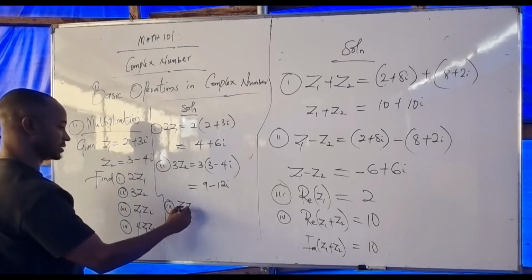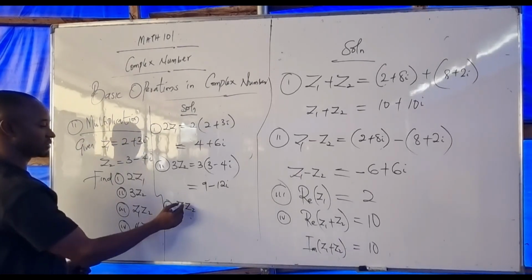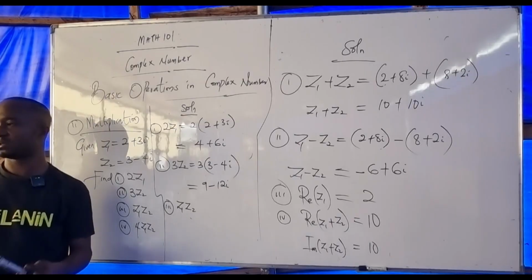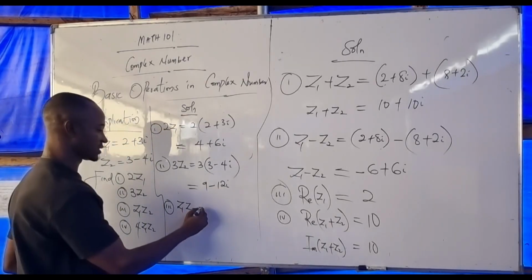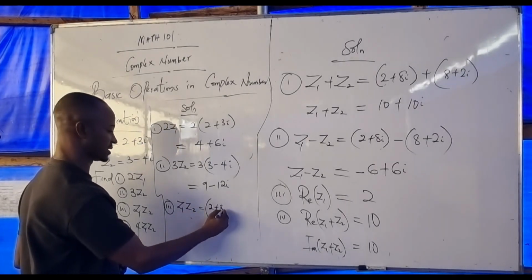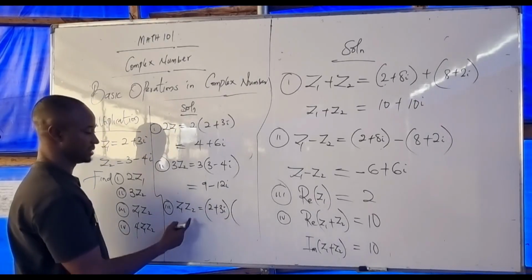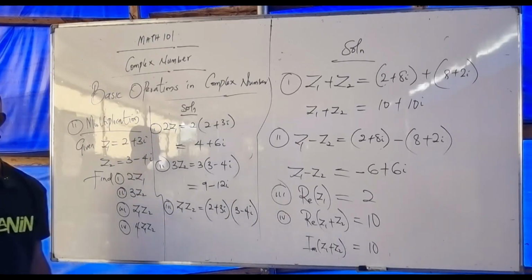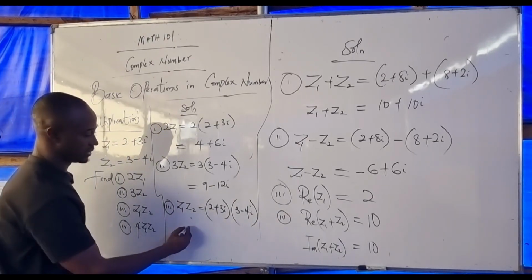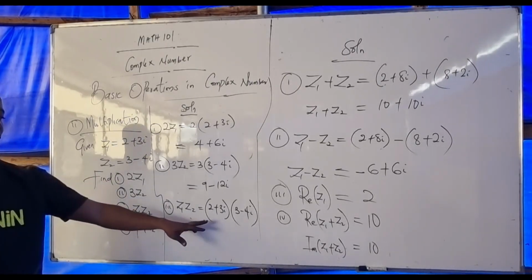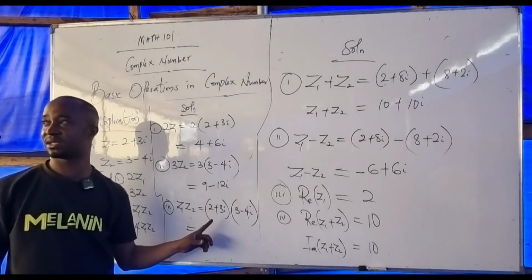The third one is Z1 Z2. This simply means Z1 dot Z2, or Z1 times Z2. I'm multiplying Z1 with Z2. That will give us, what's Z1? 2 plus 3i, multiplied with 3 minus 4i. Is that clear? Okay, so let's go. When multiplying two complex numbers together, you should know the process, right?